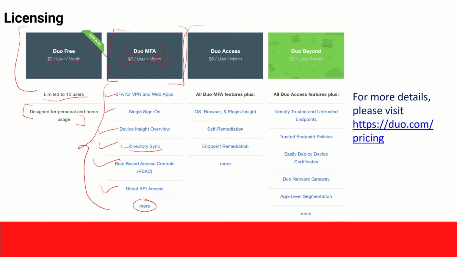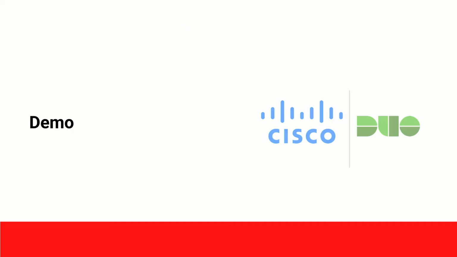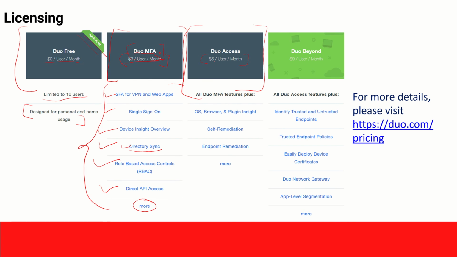The next one is Duo Access, which is a bit costlier than the Duo MFA, but you can see it is just $6 per user per month, and it includes all the features which this Duo MFA license offers.